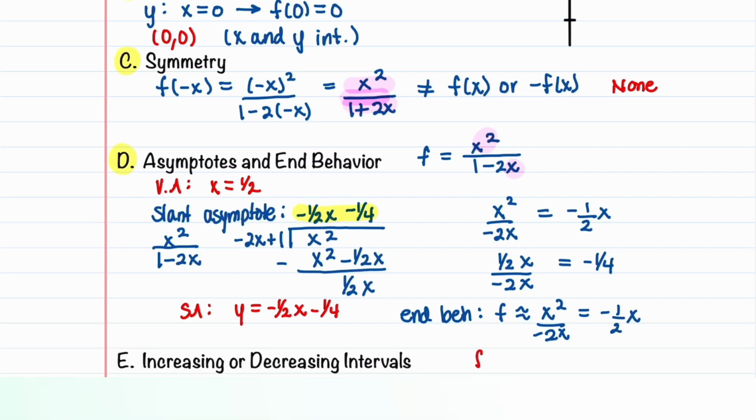As x goes to minus infinity, we're going to have minus 1/2 times minus infinity, so that's infinity. And then as x goes to infinity, f is going to go to minus infinity. So our graph is going to be going up as we go to the left, and as we go to the right, our graph is going to be going down.